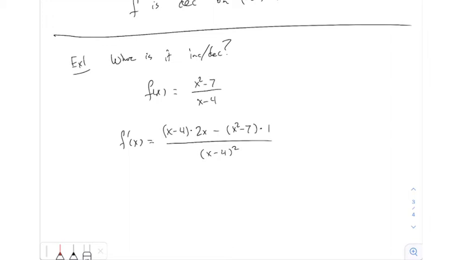My goal at this point is to combine the top into one thing. What I have is this piece minus this piece. I want to actually subtract them. Any suggestions? I want to actually combine everything up there.